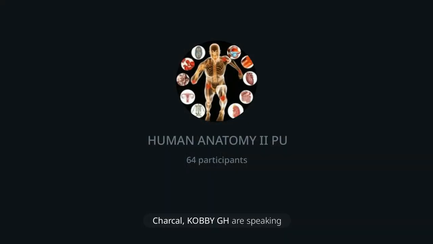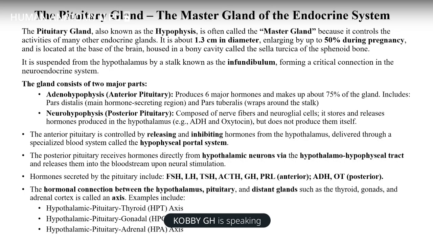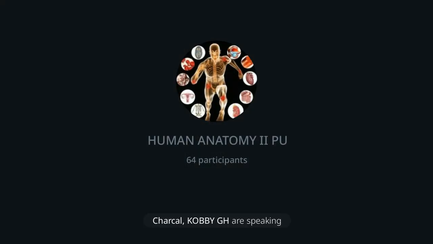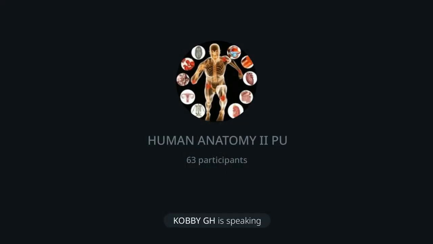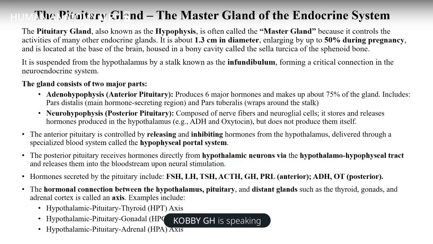Now, a question that I can ask you is about the diameter of the pituitary gland. You remember I told you that all the sizes that I've highlighted in my slide, write all of them down. Get a sheet and write all of them down. They will come the same way. Those are anatomy things.